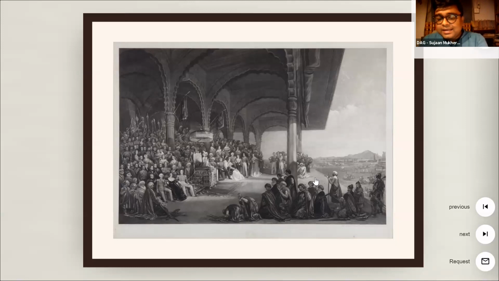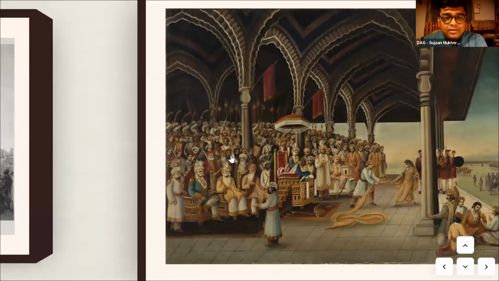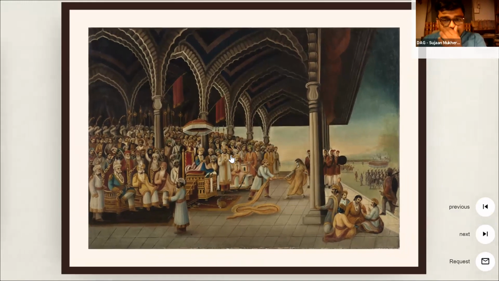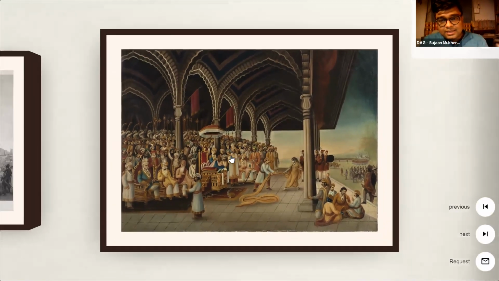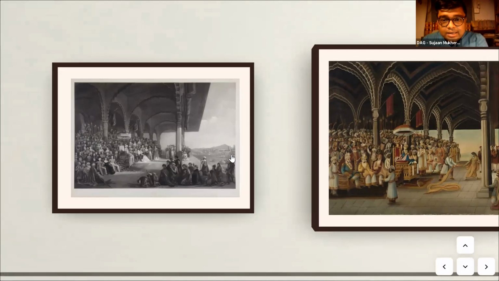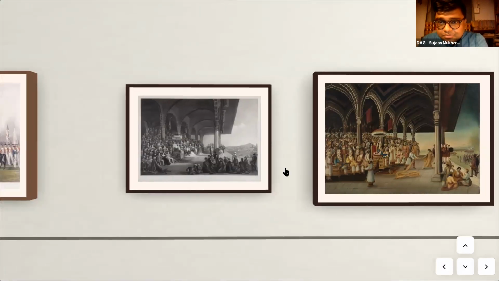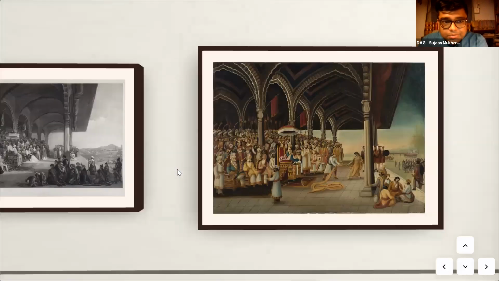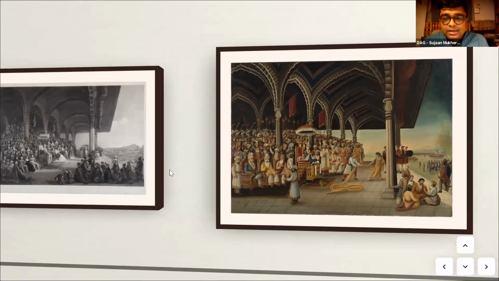And what we see over here is a remarkable example of that, where a story from a Hindu mythological text is recast in almost exactly the same kind of architecture, and if you look at the costumes in detail, if you look at the composition, it's recast in that realist historical painting mode.